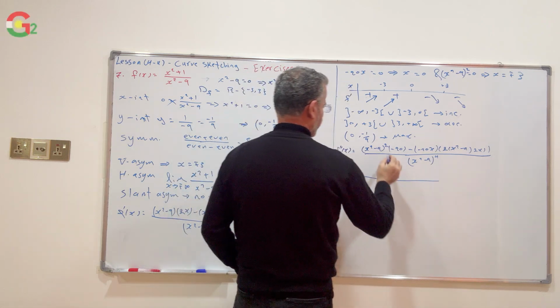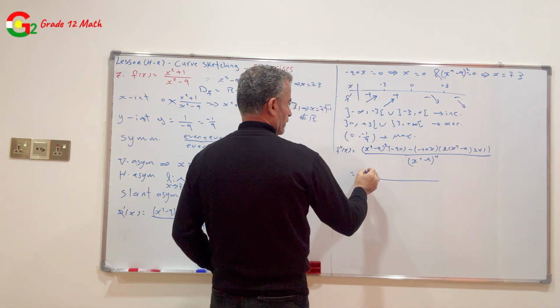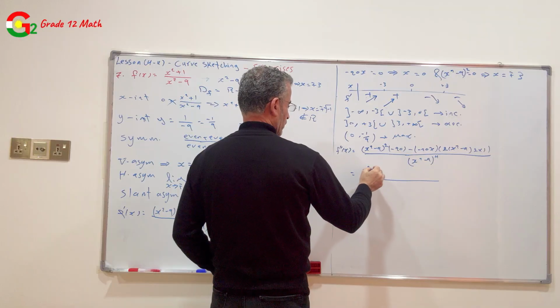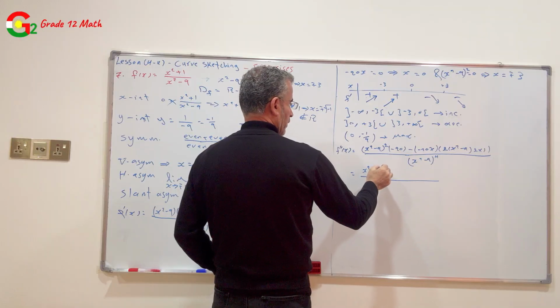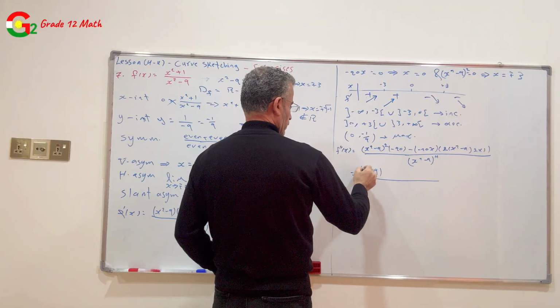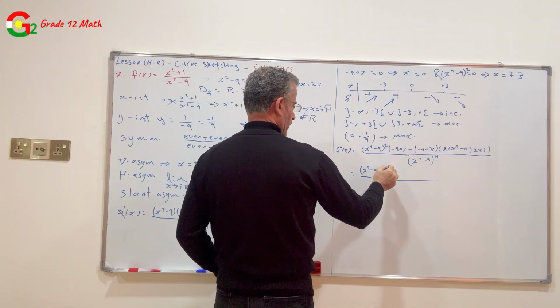Equal to negative, factorized by x² − 9, for the two terms in the numerator.